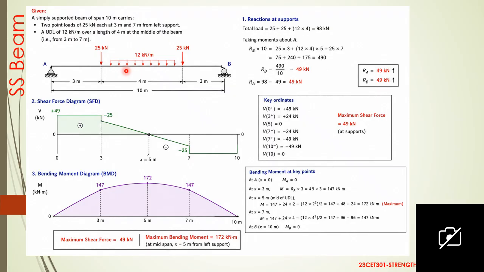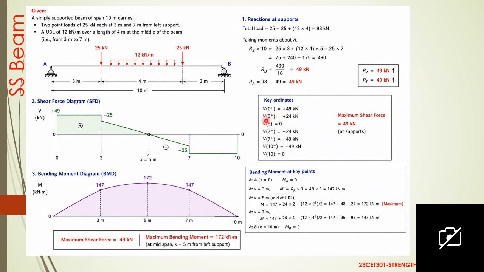Since this is a symmetrical section, you can split the beam into two halves at the center. Both left and right have the same distance and same load value, everything is the same. That's why we are getting the same reaction. That is RA equal to 49 kilonewton, RB equal to 49 kilonewton.